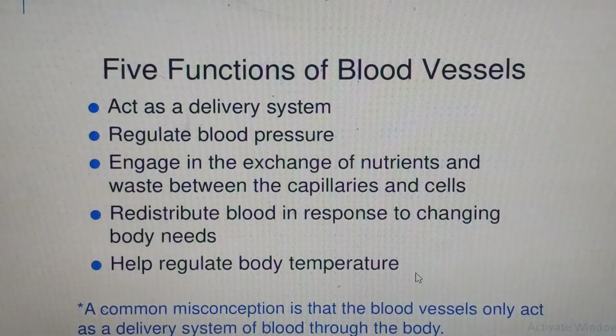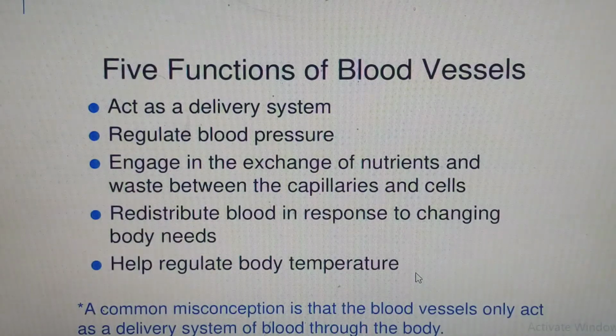So if we need to conserve a lot of heat inside us, then there will be vasoconstriction around the vessels related to the skin, so that you don't lose a lot of heat, because as more blood flows through the skin as a result of vasodilation, you dissipate a lot of the heat through radiation.